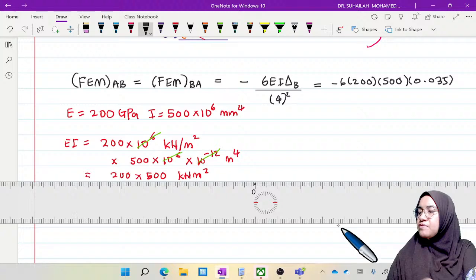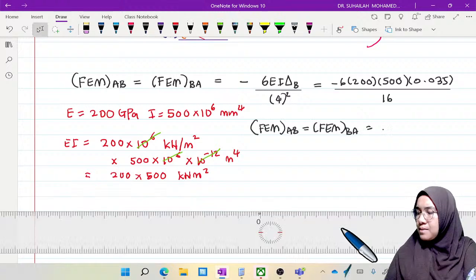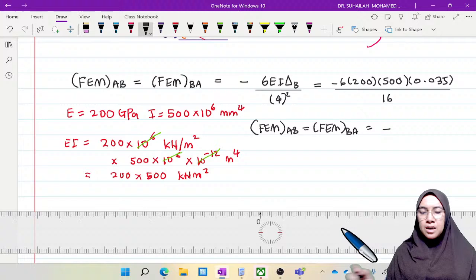So FEM AB equals FEM BA equals negative 6 times 200 times 500 times 0.035 divided by 16.